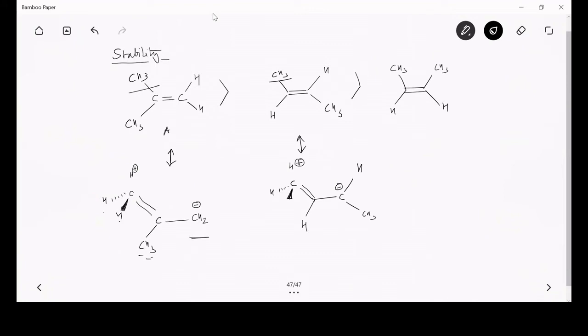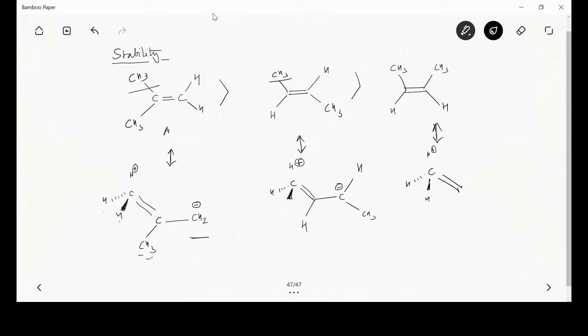Okay, now let us compare between these two. Before comparing, we should draw the corresponding resonating structure for the third one also. It will also be kind of similar. So here will be a positive charge. Here we have the other 2 protons.